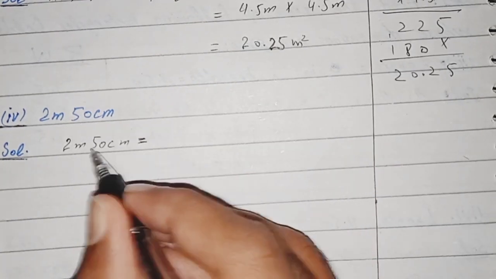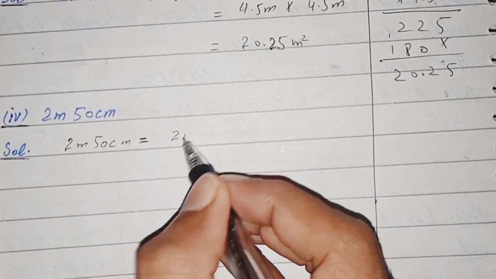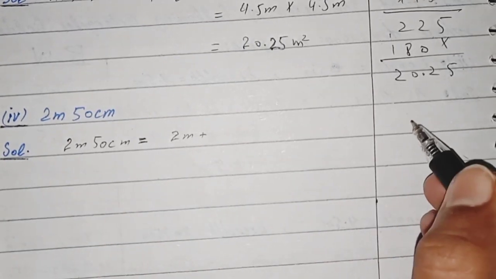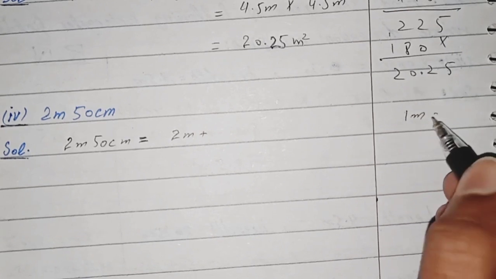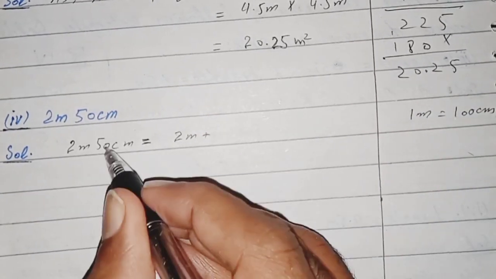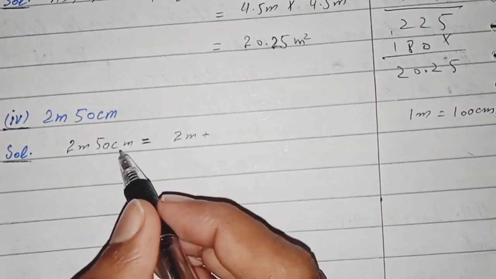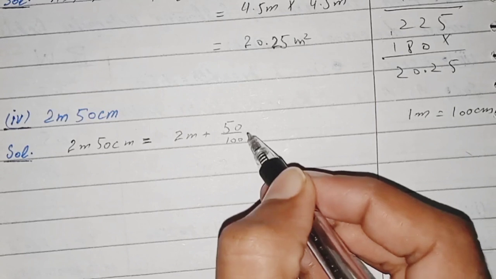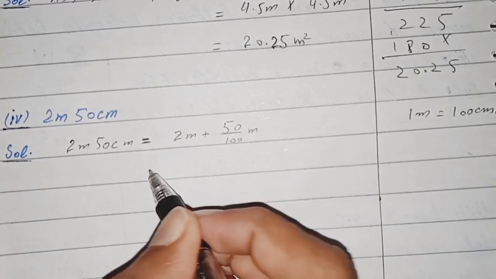We will change into meter. 2 meter plus there is 50 centimeter, and we know that 1 meter is equal to 100 centimeter. To convert into meter we will divide 50 by 100.